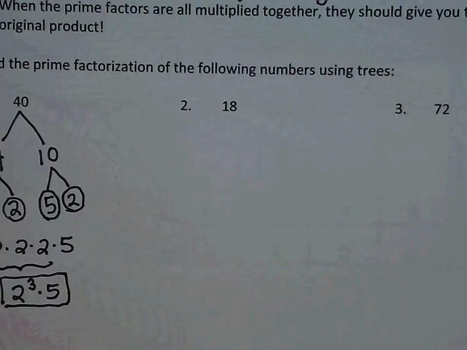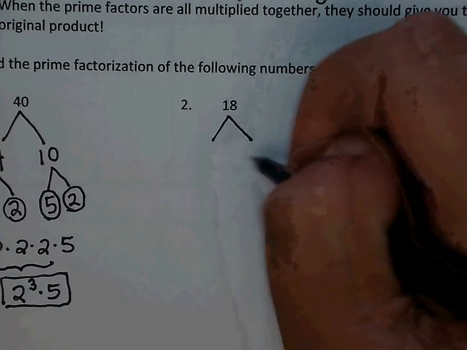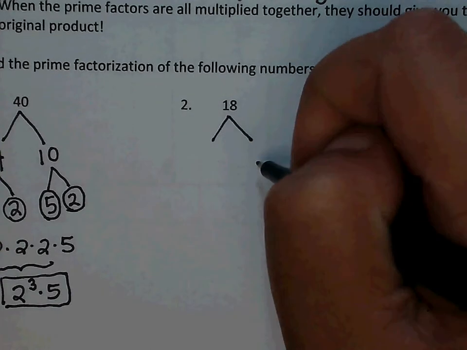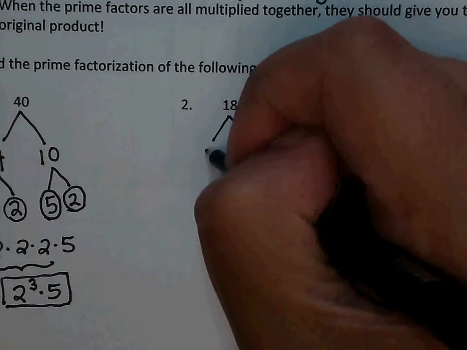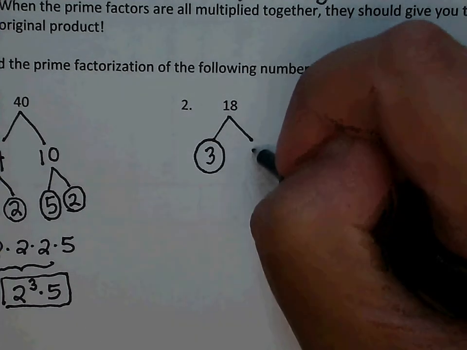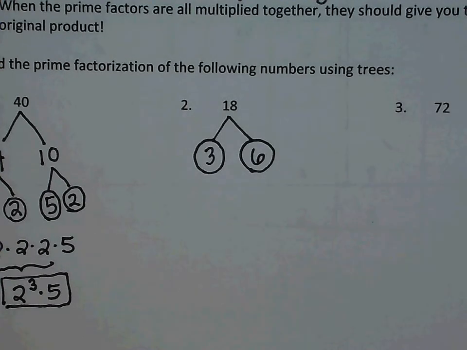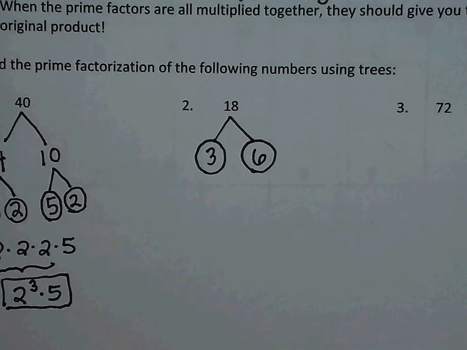Let's do 18. 18 can be broken down as 2 and 9 or 3 and 6. I'm going to choose 3 and 6. So there's 3. There's 6. Oh, I didn't mean to circle it. Hold on. Don't circle it. Sorry.